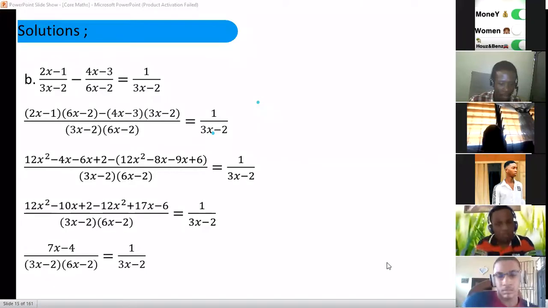Is that okay? It's the same thing when we leave it like that, but we just need the equation to be simple. So at this point, the denominator is not necessary yet for us to expand, so that we can work with simple expressions. So you have to look out where it is necessary for you to expand, you expand when you have brackets. But when it is not necessary, leave the brackets like that so that you can have simple expressions.